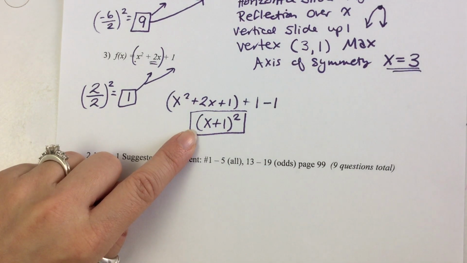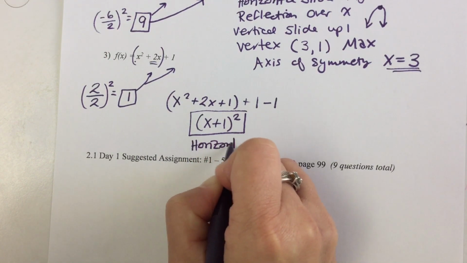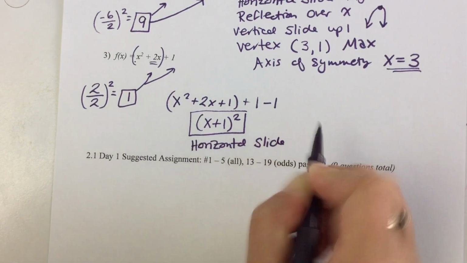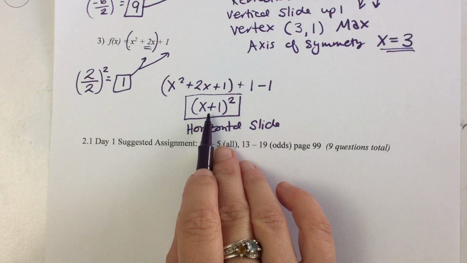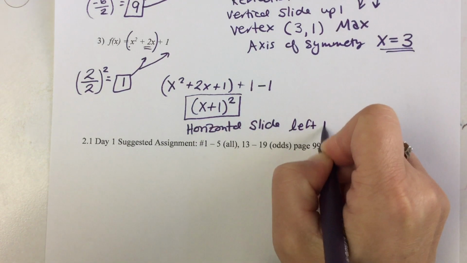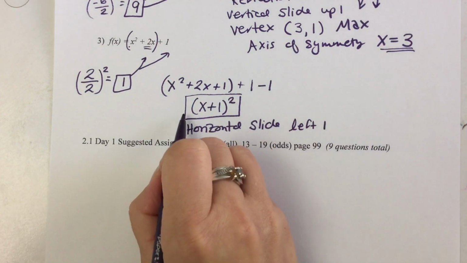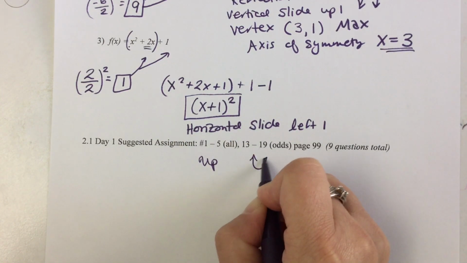The only transformation I have here, I'm adding or subtracting in parentheses. So that's a horizontal slide. The formula is a minus. This is a plus. That means that I actually put in a negative value. So horizontal slide to the left 1. There's a positive unwritten 1 here, so the graph is going to open upwards.